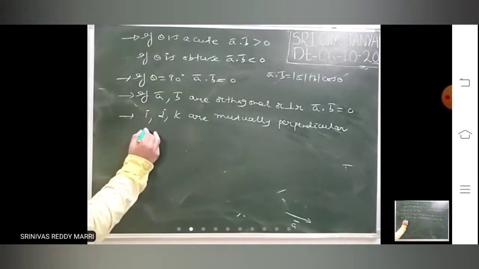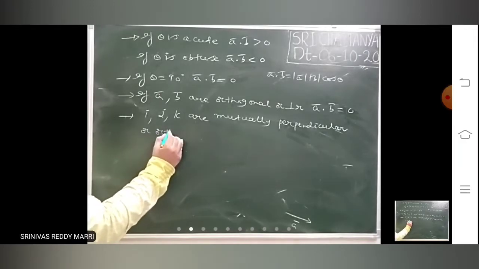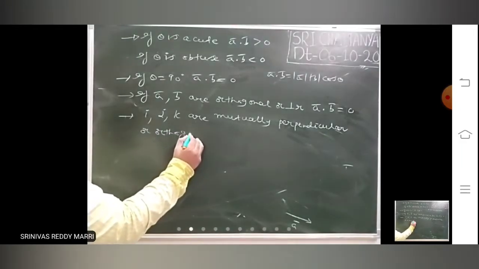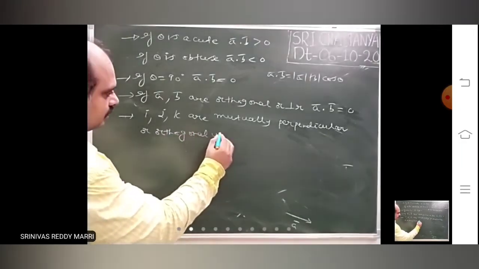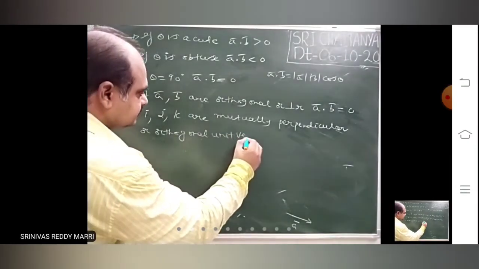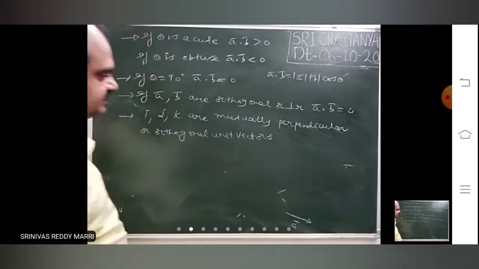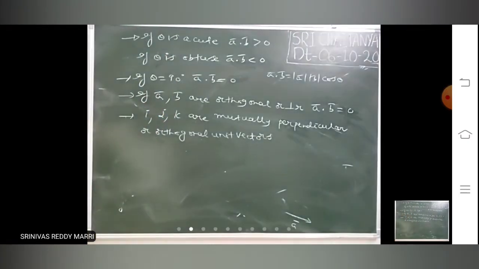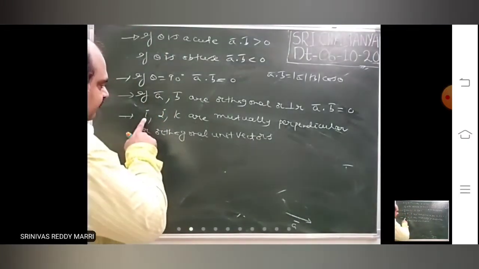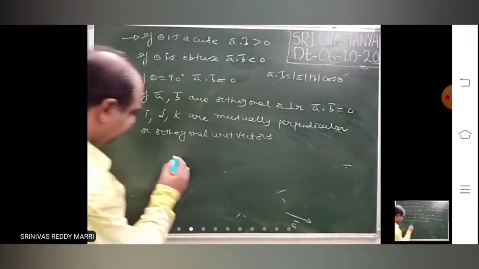Mutually perpendicular or orthogonal unit vectors. So if you take any two, they will be perpendicular.